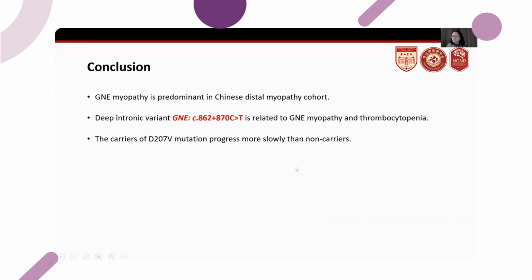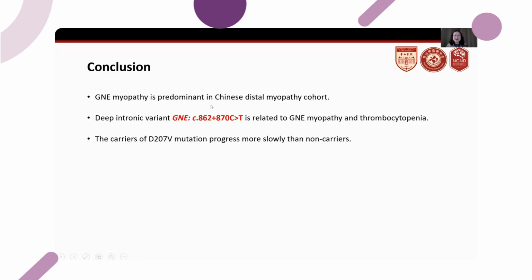So my conclusion is that GNE myopathy is predominant in the Chinese distal myopathy cohort, and the deep intronic variant is related to both GNE myopathy and thrombocytopenia, which is very important because this mutation will not be routinely checked in clinical practice.